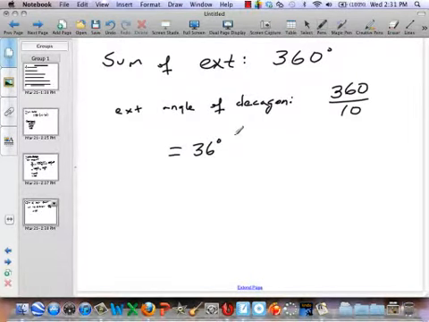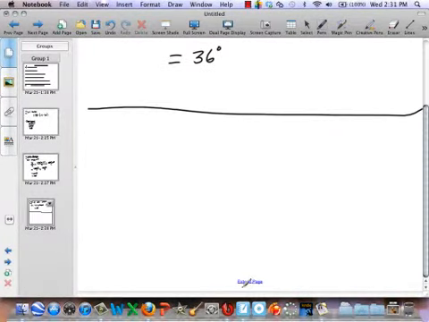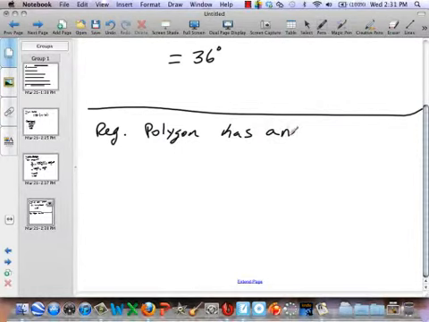Now, next question. This one's a little weird. Suppose I tell you that a regular polygon has an interior angle of 108 degrees.